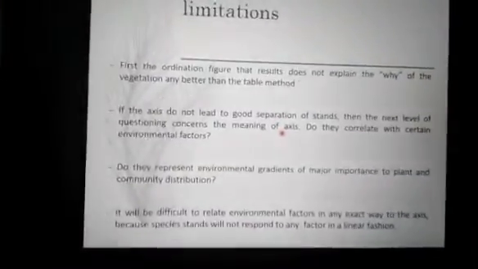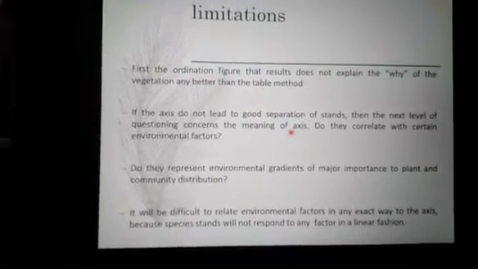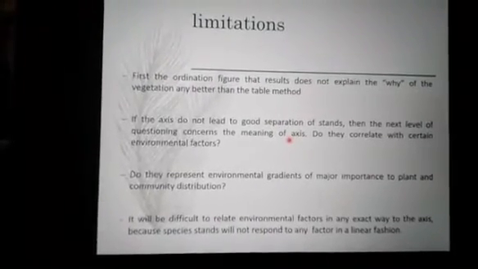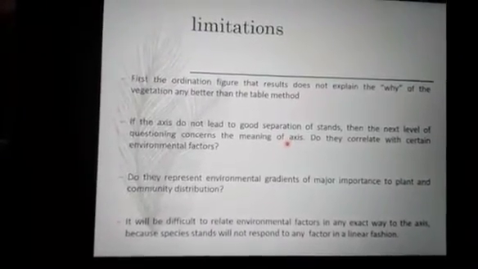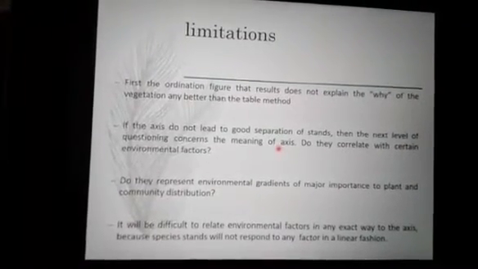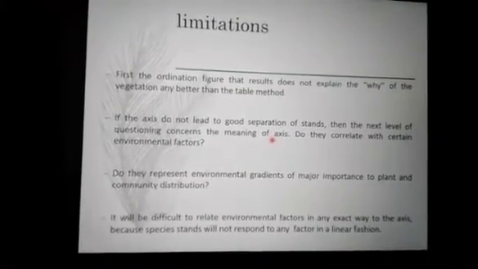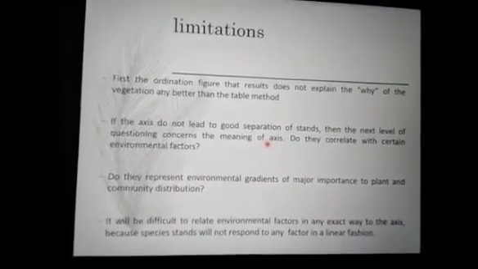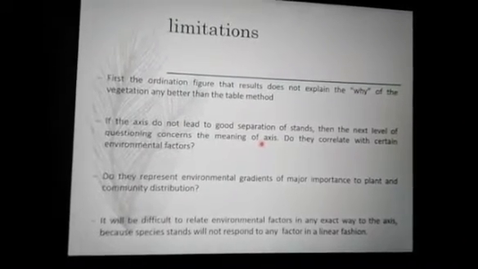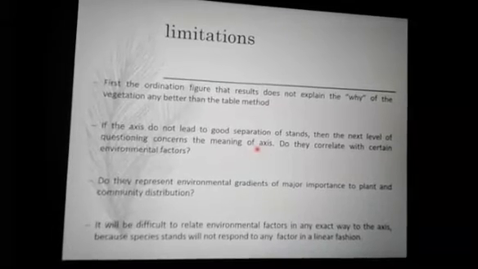But then we have limitations using this method. First, the ordination figure that results does not explain the why of the vegetation any better than the table method. If the axes do not lead to good separation of stands, then the next level of questioning concerns the meaning of the axes.